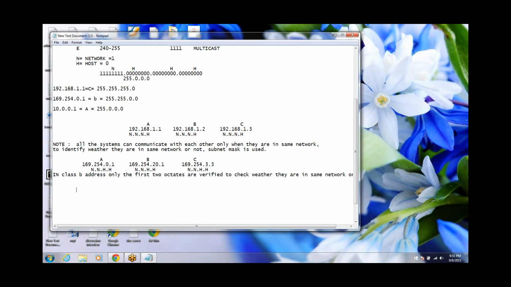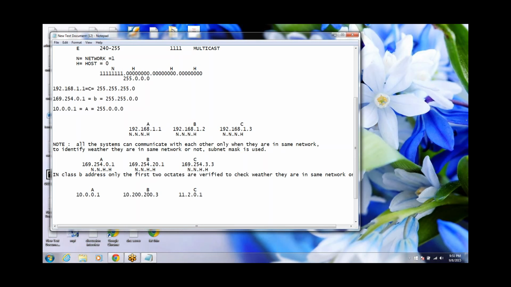Now let us see the third example: system A, B, and then C. Let's try 10.0.0.1, 10.200.200.3, then 11.2.0.1. When systems A and B communicate, first check the IP address class.